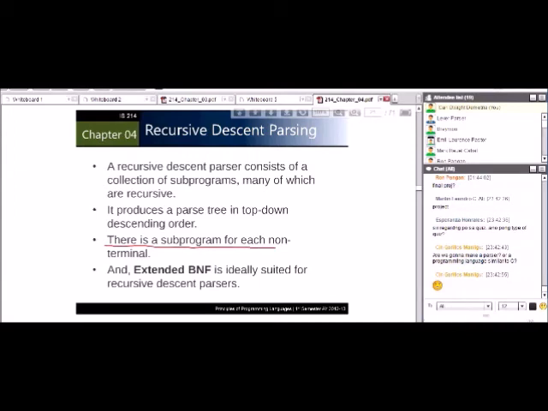So you have to remember that. So let's go back to our example. That's why we created here void EXPR, which corresponds to the EXPR non-terminal that we have.